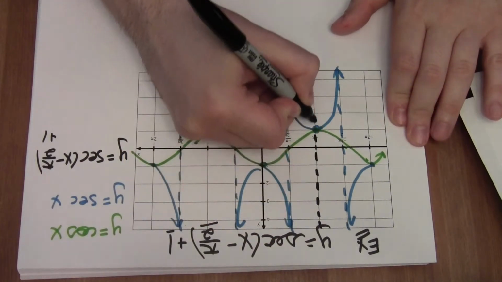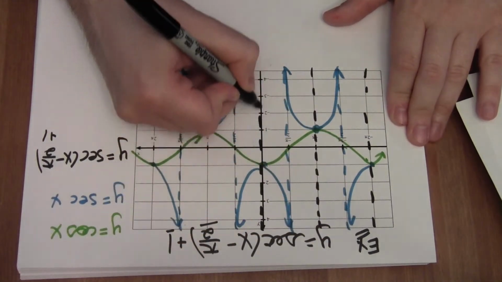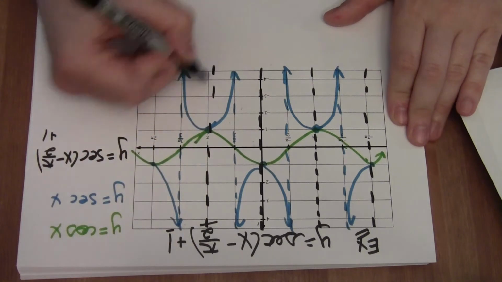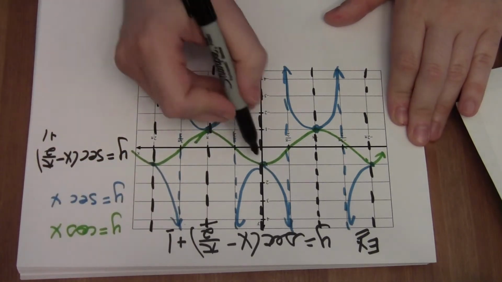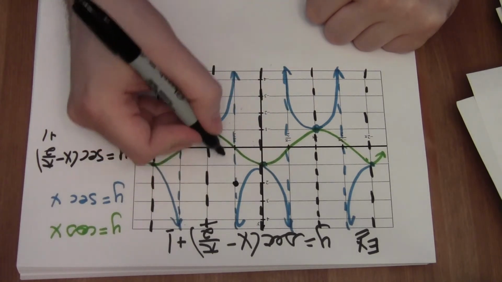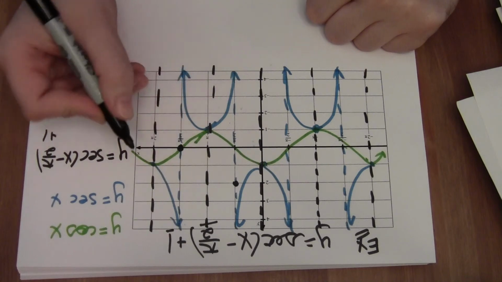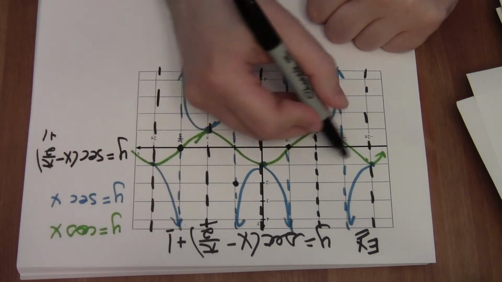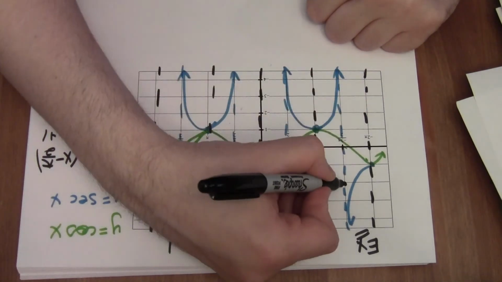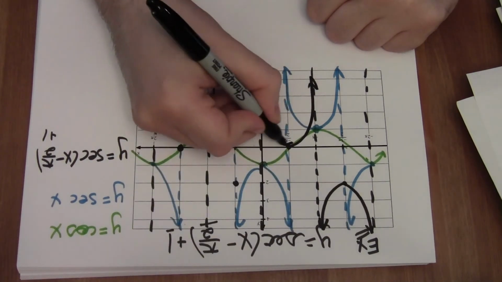Those will all be moved over 1 to the right. And now I've got over 1, up 1, over 1, up 1, over 1, up 1. The black graph that I'm sketching right now is what the final graph should look like.